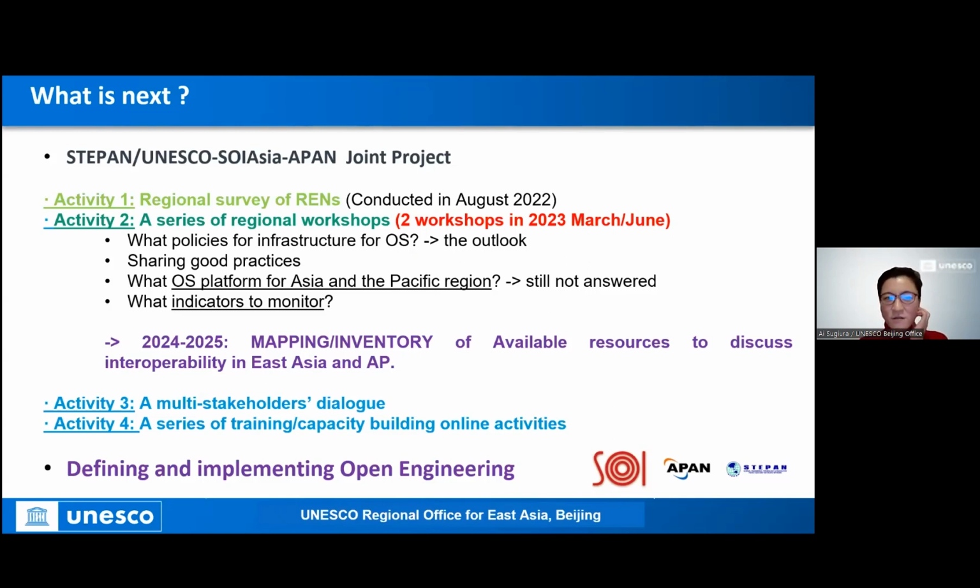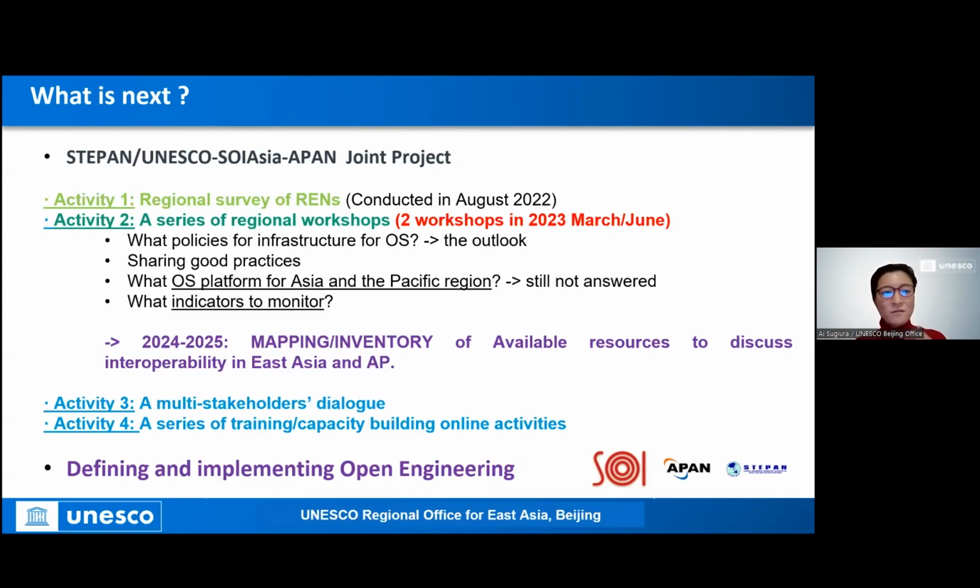We've been working with several groups, like the School on Internet Asia, a group of universities led by Keio University, who are computer scientists and really infrastructure people. Then the APAN, the Asia Pacific Advanced Network as well. And we have a joint project.